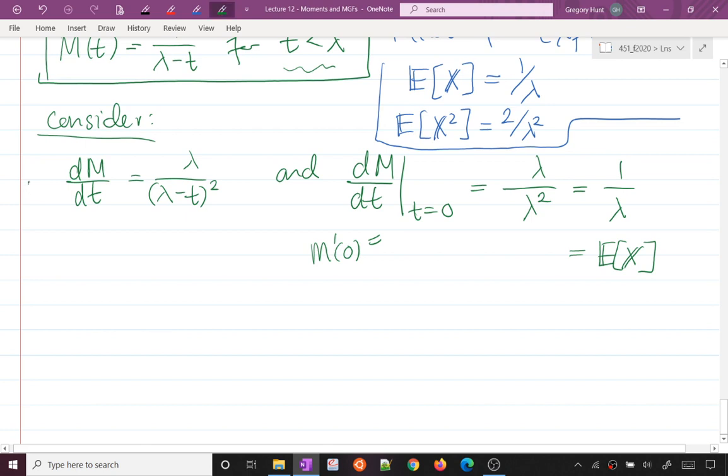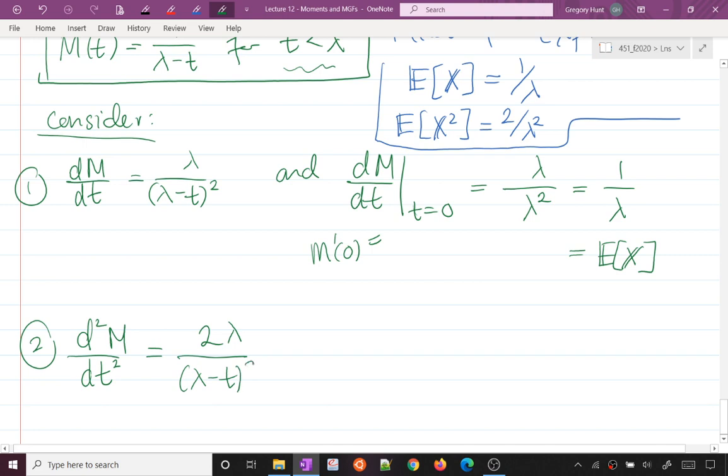Let's try this trick again. Let's take the second derivative of m. And I'll let you do the Calc 1 problem. It's going to be 2 over lambda, lambda minus t cubed. That's the second derivative of my moment generating function.